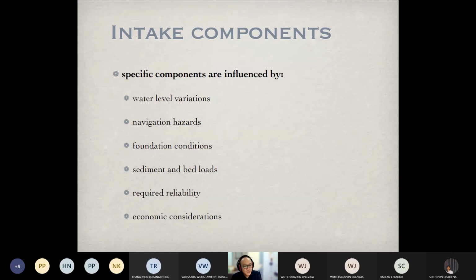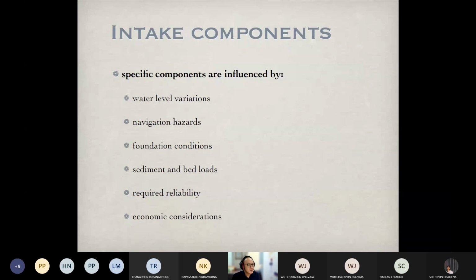Sediment and bed load: sometimes the water carries a lot of sediment, and sometimes it accumulates at the bottom. So we have to be careful, because in the sediment there is a chance of toxic substance accumulation.